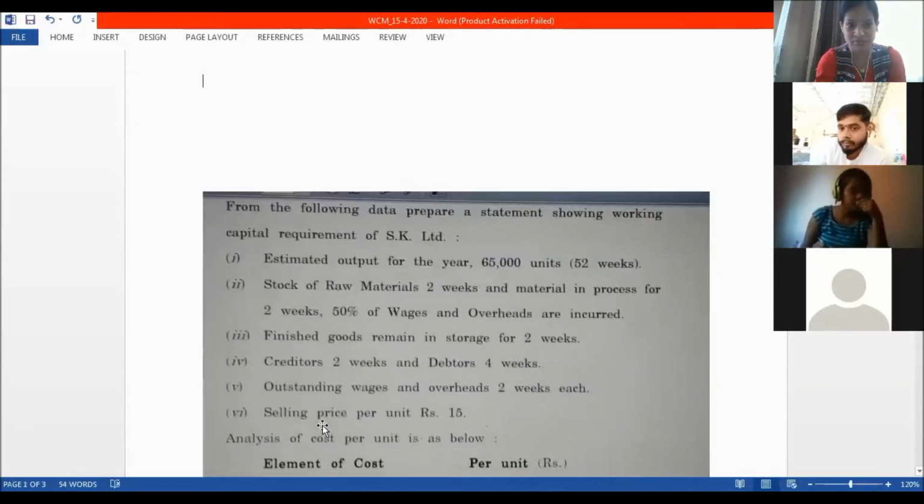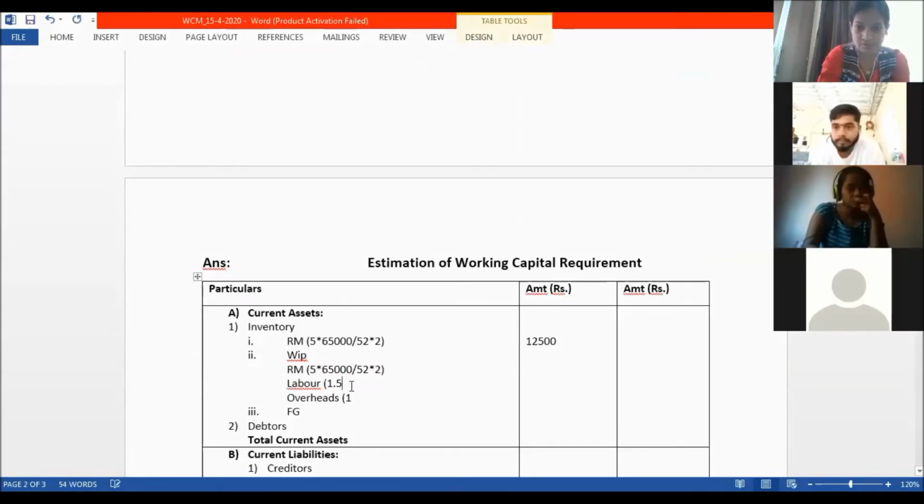If you see, material in process for 2 weeks. Okay. Now same way we are going to do here, 1.5 per unit, half of the labor cost into 65,000 divided by 52 weeks and multiplied by 2 weeks holding time.